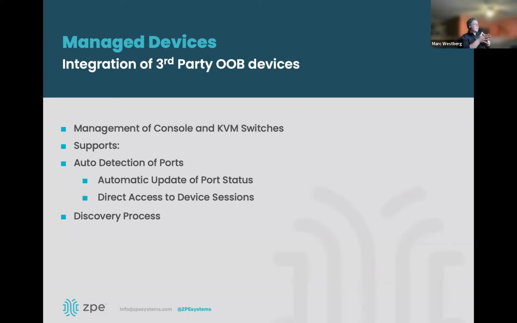So now we can have more of a timed rollout, maybe is a better way to put it. We can auto detect the ports on the third-party devices, and then again we can get direct access to the device sessions. And then there is a discovery process that further down the road, if we need to go there, we can have a chat about that.